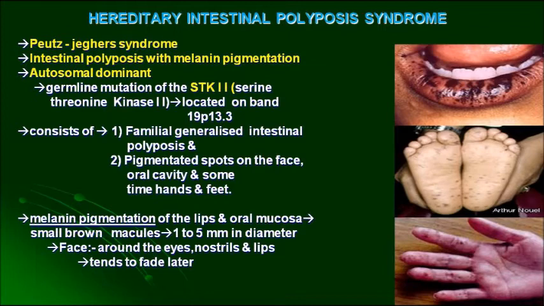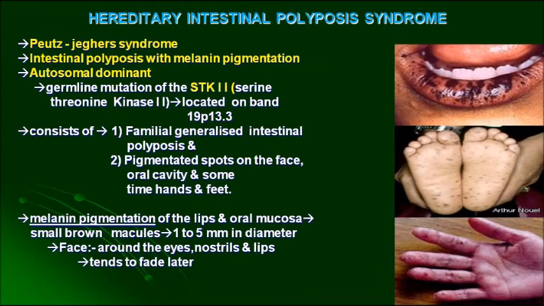In the coming slide I will show you what an intestinal polyp is. Peutz-Jeghers syndrome is an autosomal dominant disease, due to a mutation of STK2, serine threonine kinase 2. So remember that Peutz-Jeghers syndrome, otherwise known as hereditary intestinal polyposis syndrome, shows melanin pigmentation.